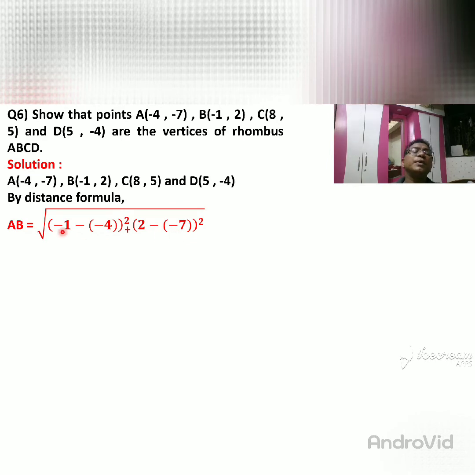Minus 1 remains as it is; out of the bracket there is a negative sign, so minus 4 becomes plus 4. So you get minus 1 plus 4. Then here is the 2, out of bracket negative sign, so minus 7 becomes plus 7. So 2 plus 7.